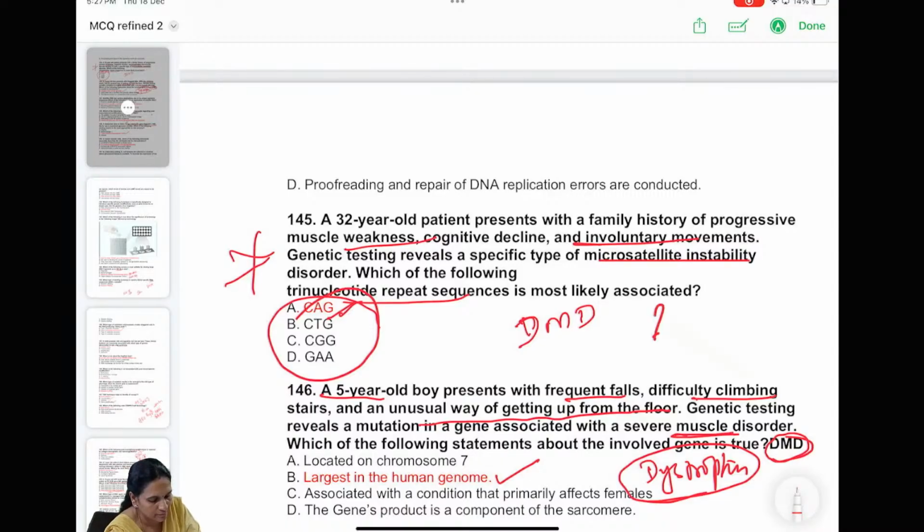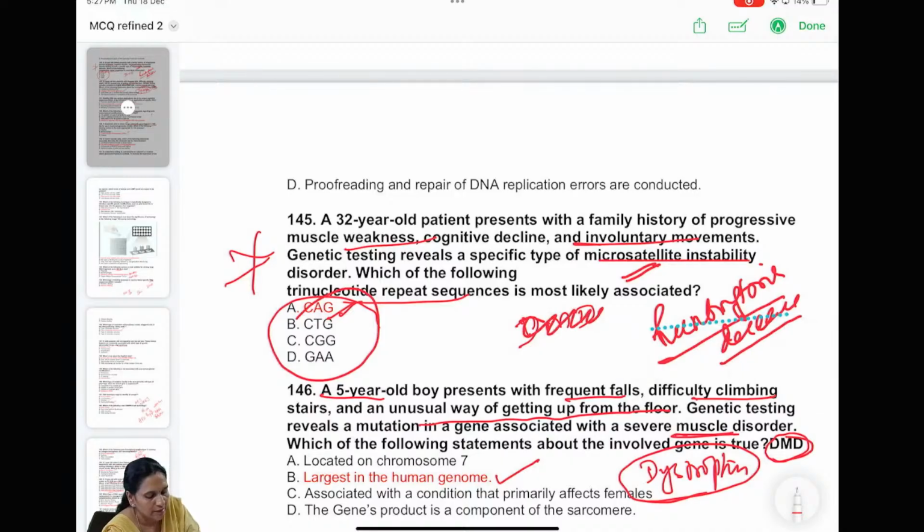Huntington's disease. Huntington's disease is where CAG repeats occur. Muscle weakness, cognitive decline, involuntary movements, microsatellite instability, trinucleotide repeat sequences occur in Huntington's disease. Okay? That is, CAG repeats occur in Huntington's disease.